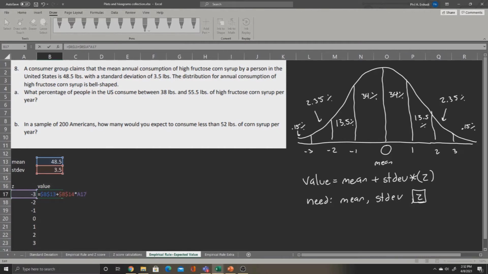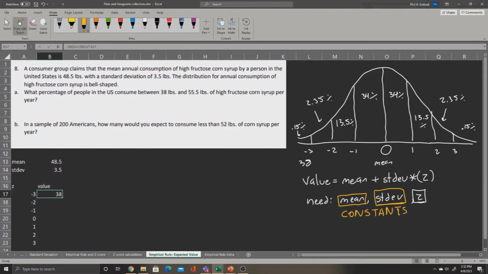Then we press Enter, and we find that our value at the z of -3 is 38. I'll make the note one more time, just for good measure, that the mean and standard deviation are constants, which means we will need the dollar signs before and after.